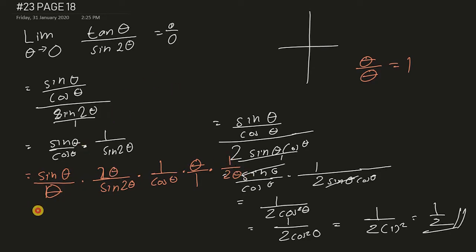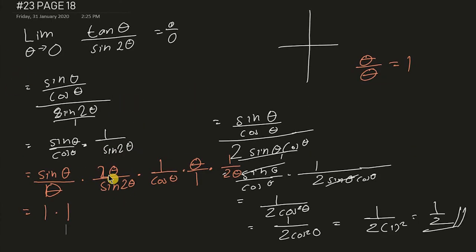Now, simplify natin. Sin theta over theta, that's equal to 1. Kasi nga, dahil sa theorem na yon. Next, times 2 theta over sin 2 theta, again, that's basically equal to 1. Kasi nga, basing sa theorem natin dito, di ba? They have equal arguments. 2 theta, 2 theta. Next, dito naman tayo, guys. 1 over cosine theta.